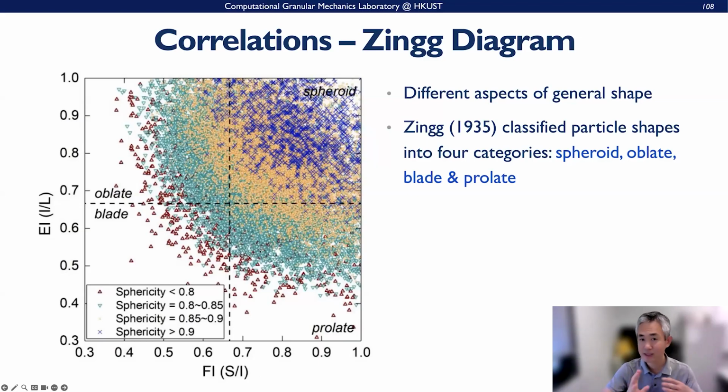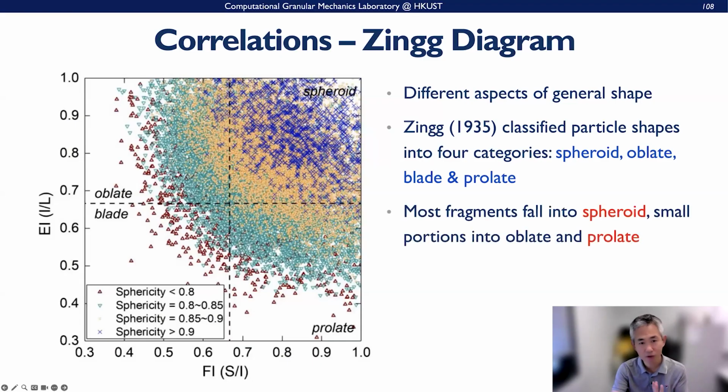And we do the statistical features of the shape of all the particles during the whole crushing process here. And then the Zingg diagram basically classifies the shapes into these 4 categories. According to the combination of these EI and FI values, they are spheroid, oblate, blade, and prolate here, okay, the 4 regions here.